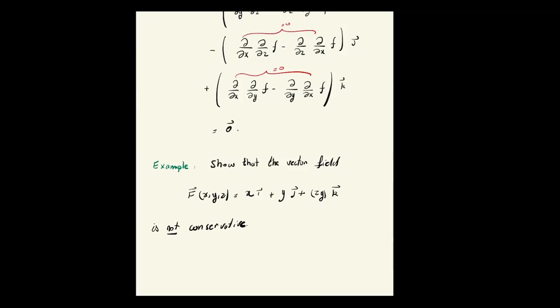If it's conservative, then it's the gradient of some function, and the second derivatives are continuous, because the first derivatives are given here and are polynomial, so we can apply this calculation. So compute the curl, which is not zero.